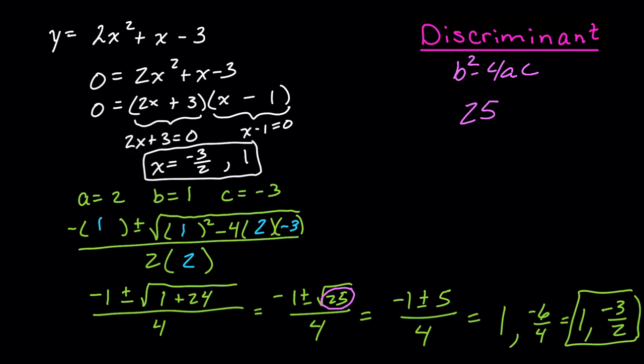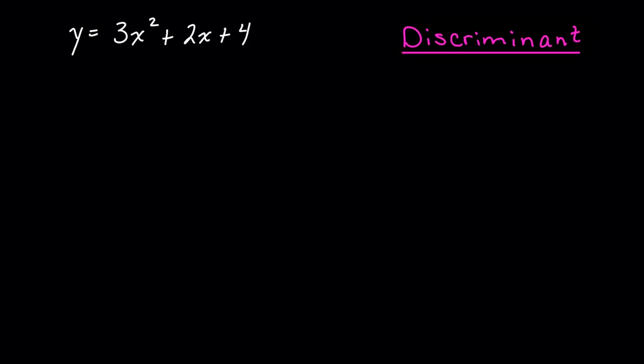It is a positive number, which means we had 2 real roots, as you can see here and here. If we had 0, there would be 1 real root, and if it was a negative number, then we would have imaginary roots. So our answer would have the i's in them.